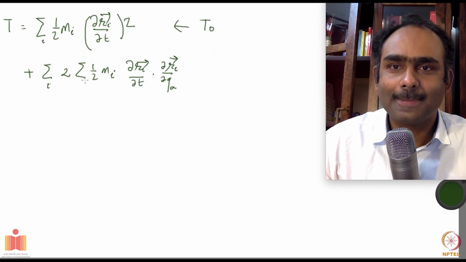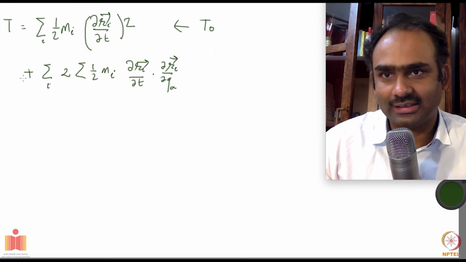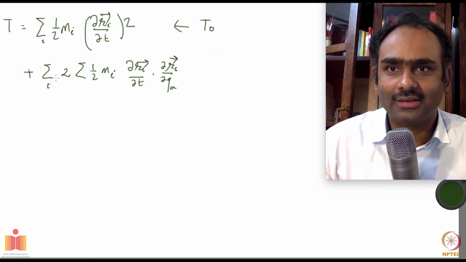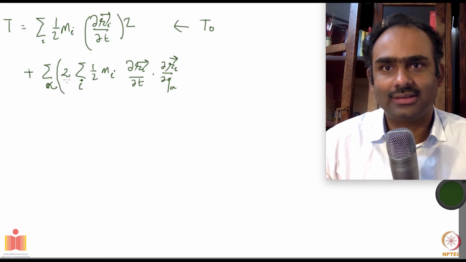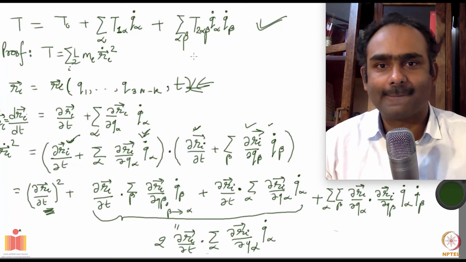Okay, and this is the summation over alpha, which I can take out, and I can put the summation over I in here and put the summation over alpha here. This entire thing with Q alpha dot. So let's check.